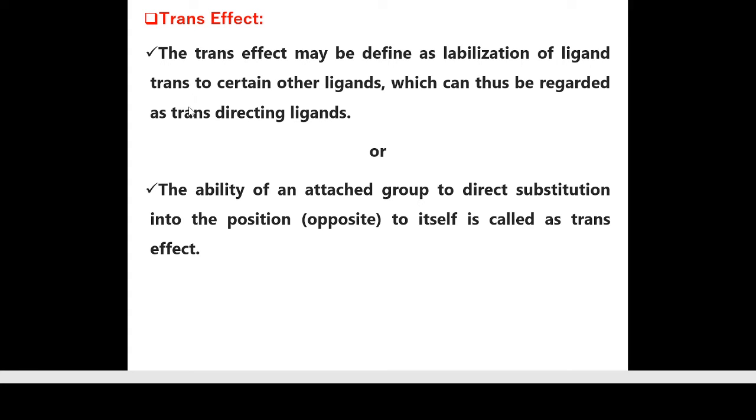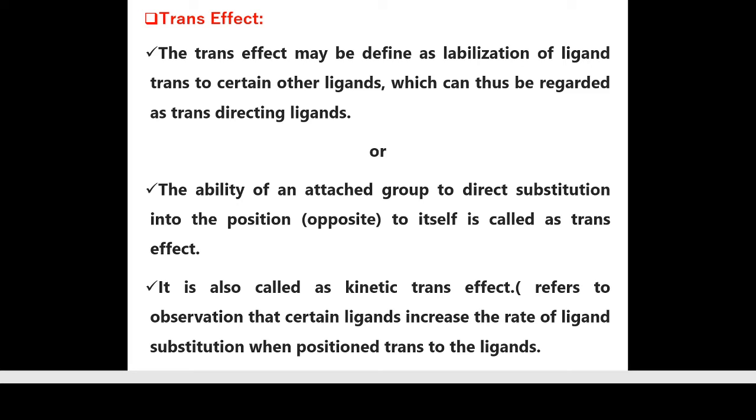Labilization of a ligand trans to certain other ligands, or the ability of an attached group to direct substitution into the position opposite to itself. It's called the trans effect. Student, whenever we see the theories and examples, you will be clear about trans effect.